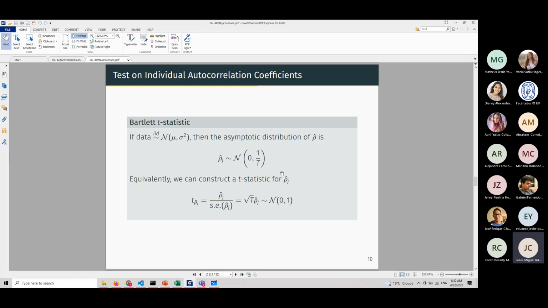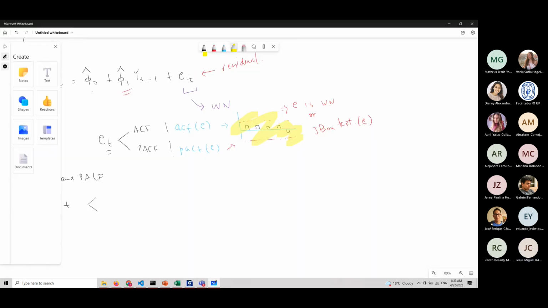That is a 5% significance level. Because this is an individual test, let's say you run the test on 20 lags. First, second, third, fourth.